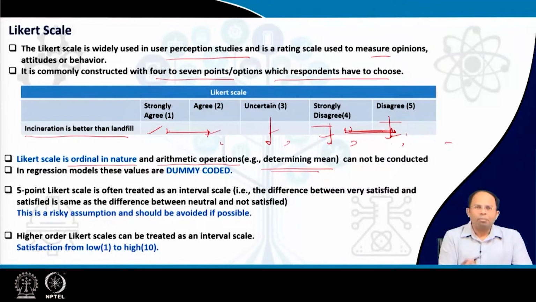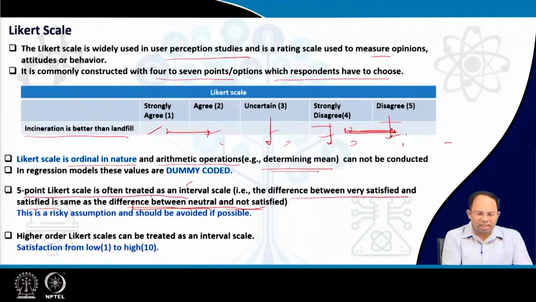But sometimes when the Likert scale is of a higher order, like a 5-point Likert scale, people consider it to be an interval scale. That means they assume that the difference between very satisfied and satisfied is the same as the difference between neutral and not satisfied. Even though these are very qualitative statements, the gap between how people feel when not satisfied and neutral may not be the same as between satisfied and very satisfied. But people assume these are the same, right?